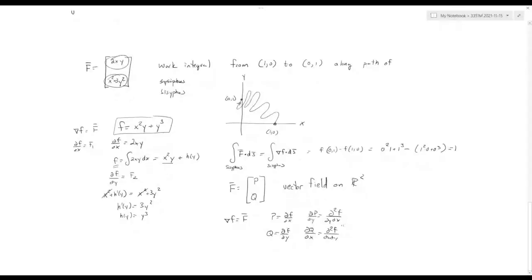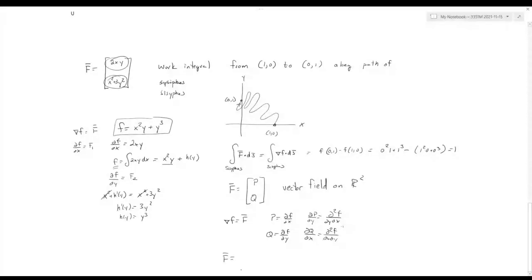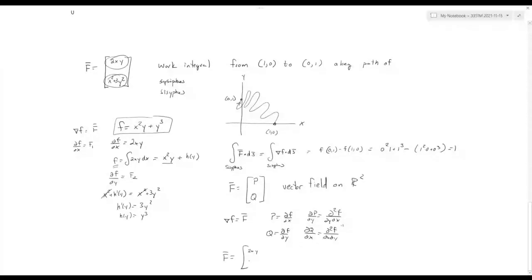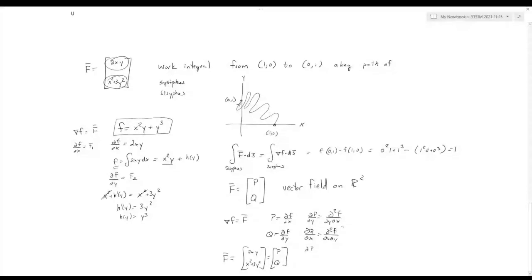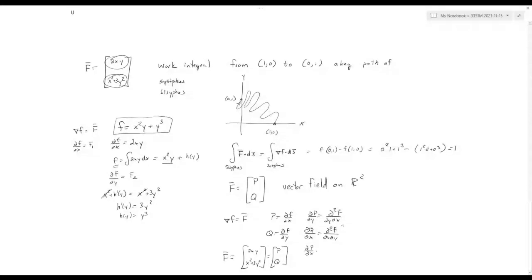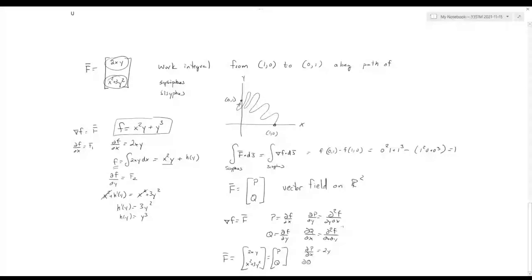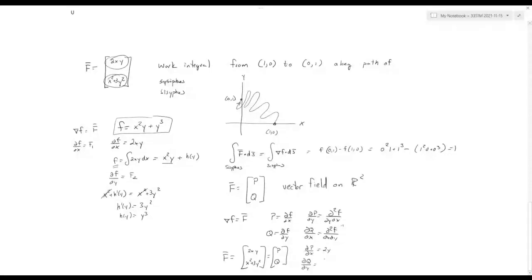So here in the previous example, we had a vector field where P is 2xy and Q is that one. If you differentiate P with respect to y, that would be 2x.